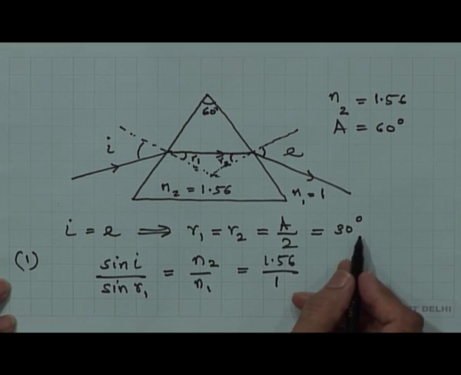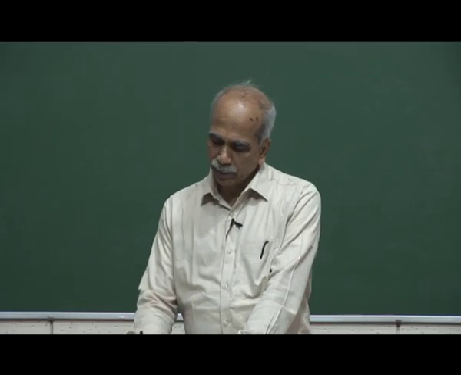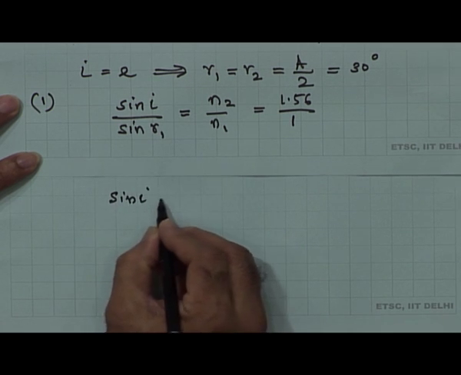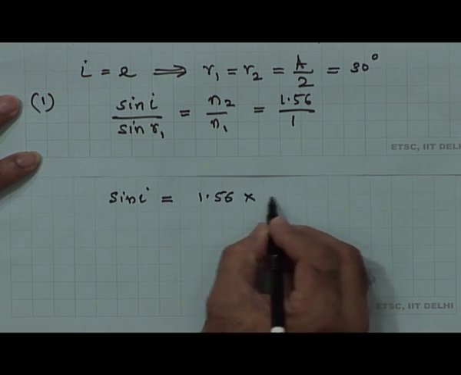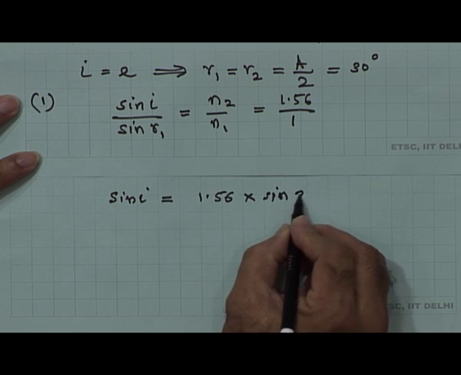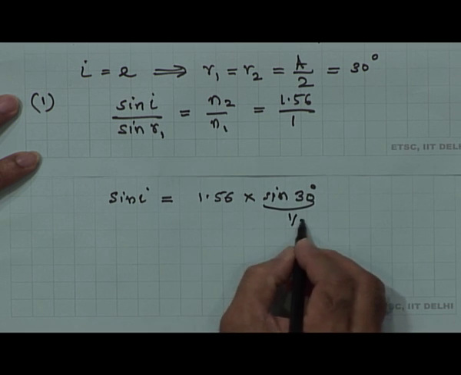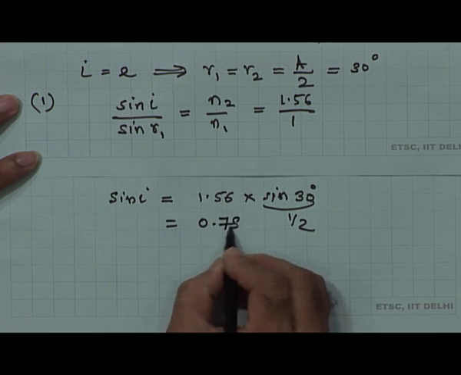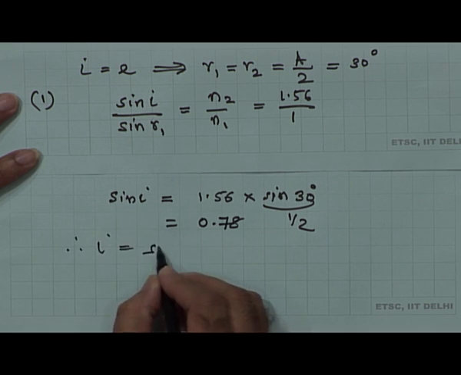R1 is 30 degrees, therefore sin R1 is half, that is 0.5. Therefore, sin I here is equal to 1.56 into sin 30 degrees, which is half, and therefore this is equal to 0.78, and therefore I is equal to sin inverse of 0.78.